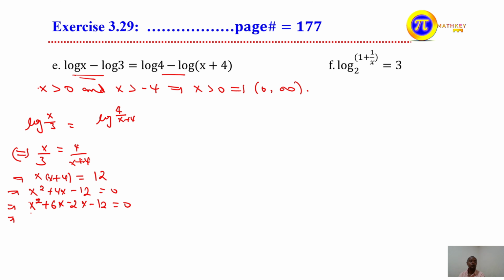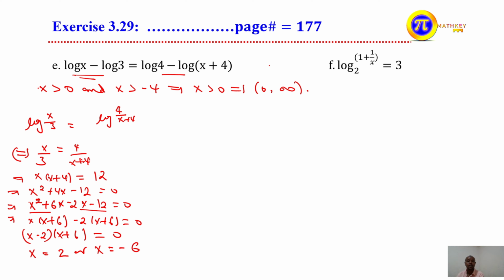Similarly, as we did before, the common factor for the first two terms is x plus 6, and for the last two, negative 2 times x plus 6 is equal to 0. This implies x minus 2 times x plus 6 is equal to 0. Then find the value of x: x is equal to 2 or x is equal to negative 6.